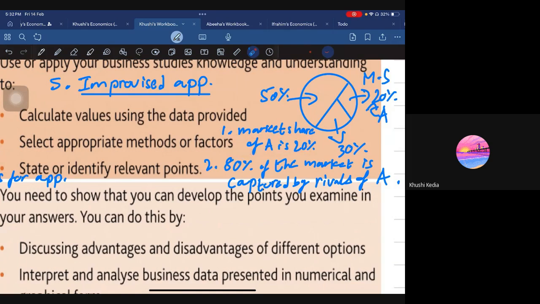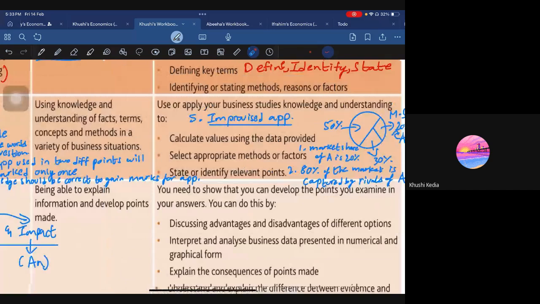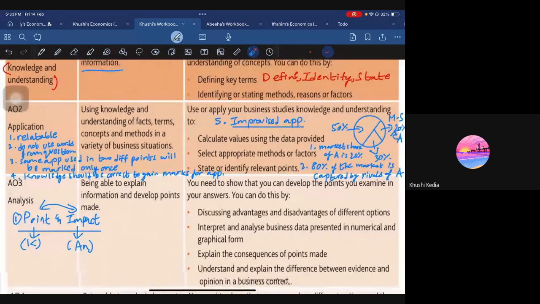That is an application. But to write a much better application, you could say 80% of the market is captured by the rivals of A. This 80% is not written anywhere in your case study. It is something that you have calculated by adding 50% and the 30%. So it gives a good idea about your application, isn't it? You have added an application which includes some calculations.